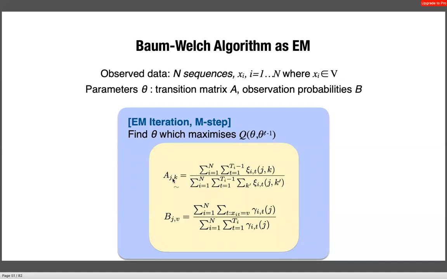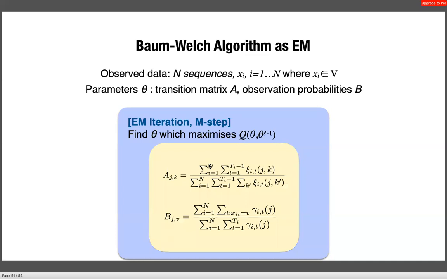So A sub JK means the row which is indexed by J, and the column which is indexed by K. That particular entry in the matrix is A sub JK, and that is defined as the summation over all t of psi it, and then you have this outer summation over all i's, which is the summation over all the observations.